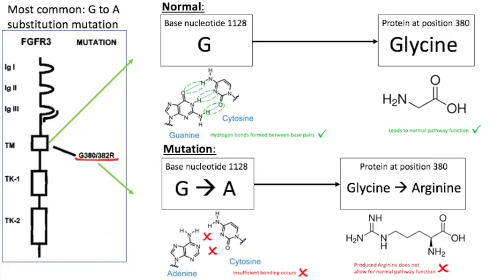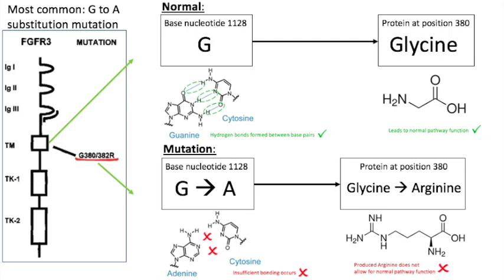However, in this case, when a single guanine base is replaced with an adenine base, or a guanine base to a cytosine base at nucleotide 1128, arginine is placed at position 380 of the protein instead of glycine.